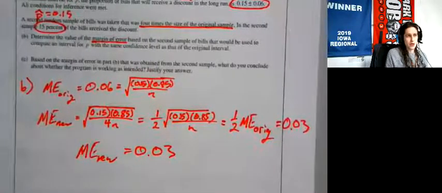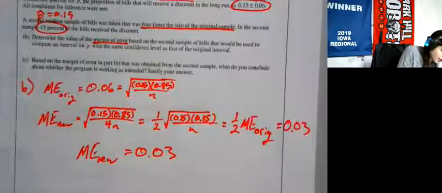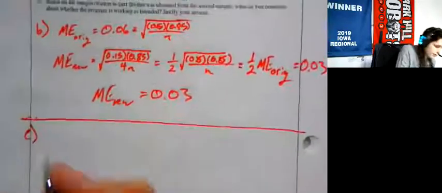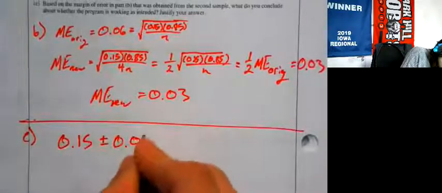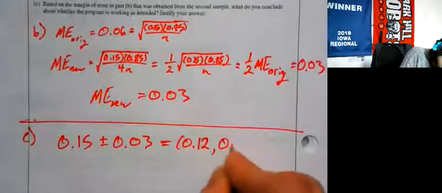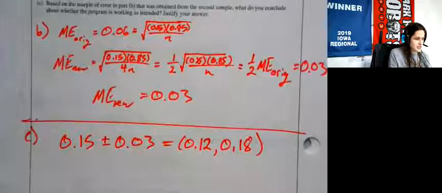Great. Based on the margin of error that was obtained in the second sample, what do you conclude about whether the program is working as intended? Justify your answer. Well, now the interval is 0.15 plus or minus 0.03, which is 0.12 to 0.18. What's not in that interval?